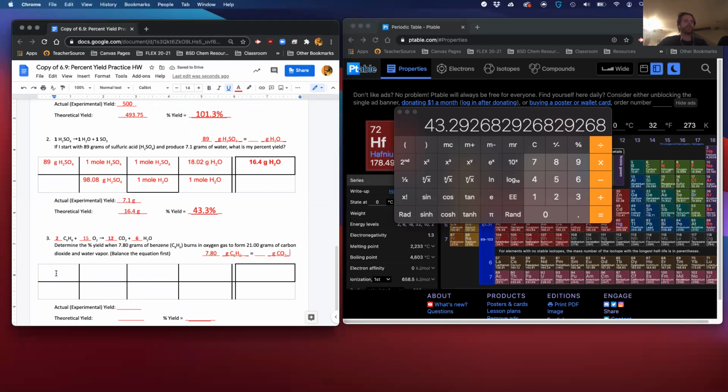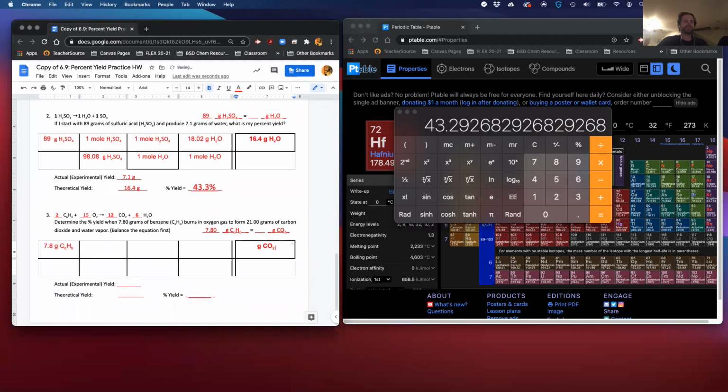So I start with 78 grams of C6H6. I want to figure out how many grams of carbon dioxide I have. First thing is I'm doing a little side hustle, figure out my molar mass of C6H6, put it right here. Now on this one, my balanced equation, I have to go from moles of C6H6, which is a 2 on the bottom, to moles of carbon dioxide, which is a 12 on top.